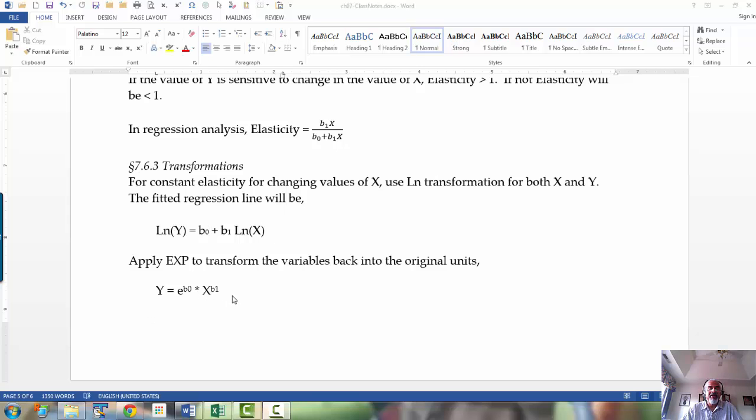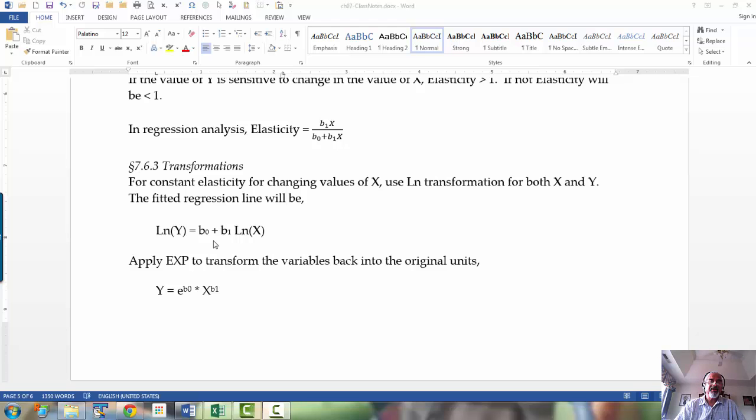So for a percentage change in x, the change in y as a percentage is given by b sub 1. So this is your constant elasticity. If you find the slope after the transformation, then the slope gives us the constant elasticity.